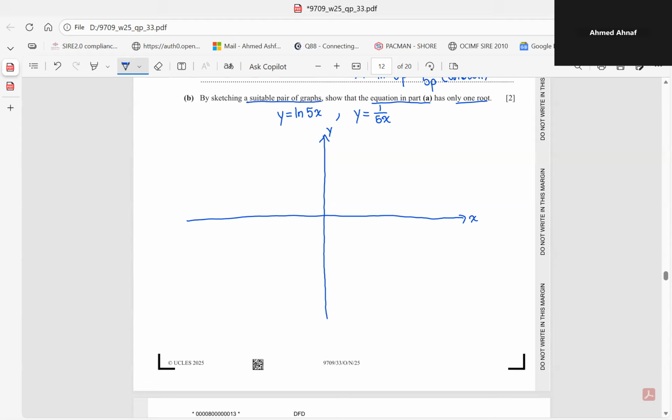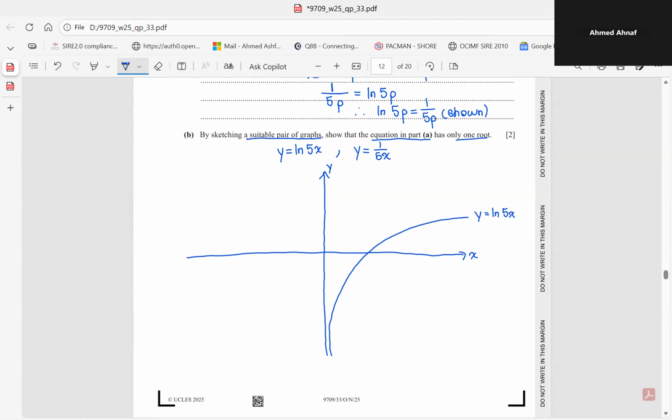Yeah, and this would be going upwards. If you do a table of values and substitute 1, 2, 3, you'll see it starts to increase. So it'll be something like this. So this is y equals ln 5x.